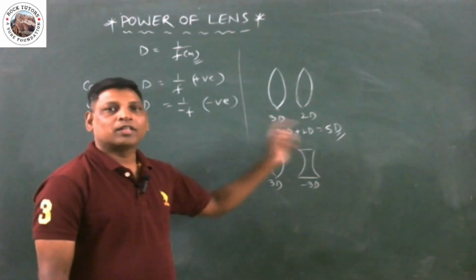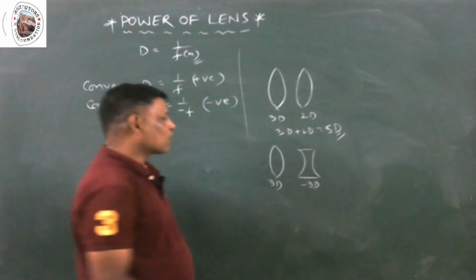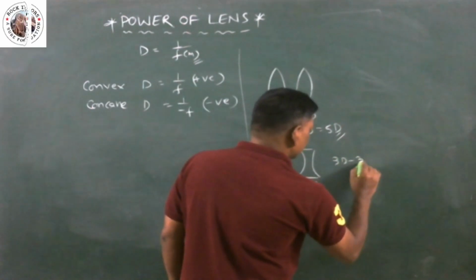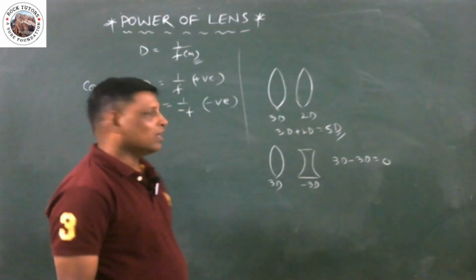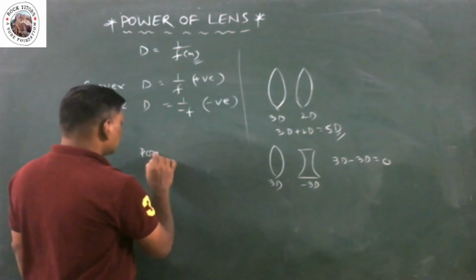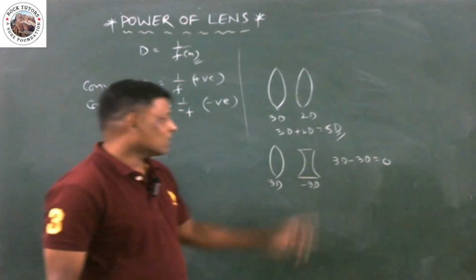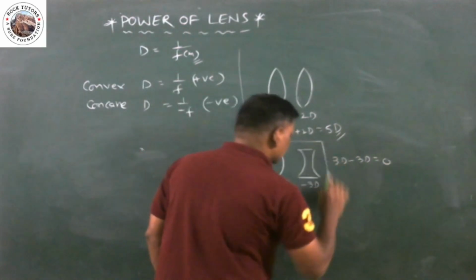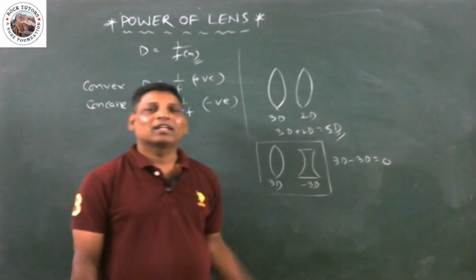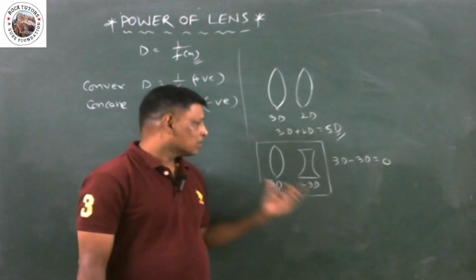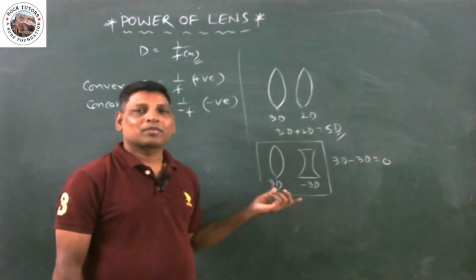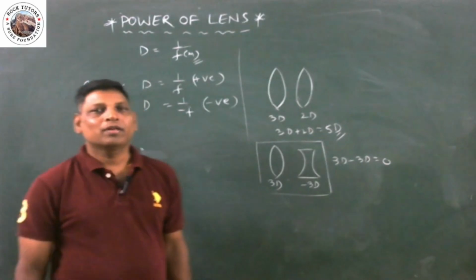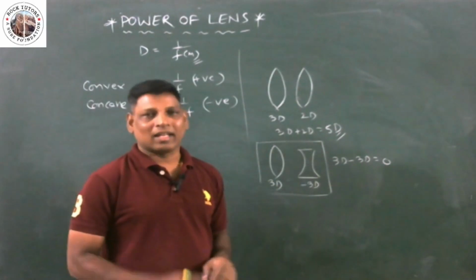Then the total power of the combination is 3D minus 3D, which is equal to 0. Then the power of this combination is 0, which means this combination behaves like a rectangular glass slab, since both powers are the same.